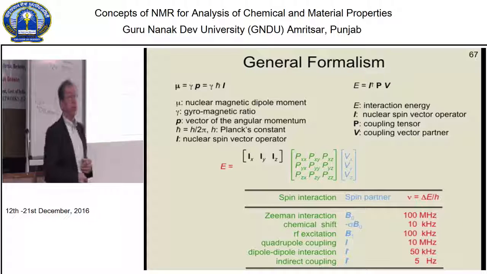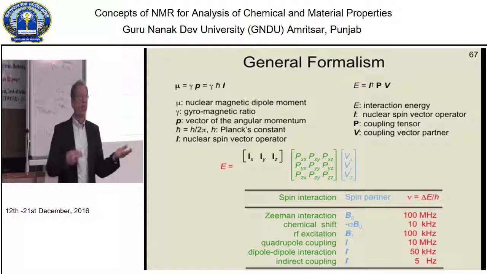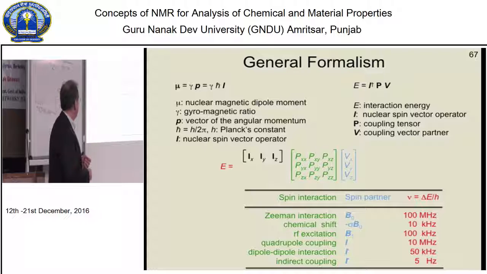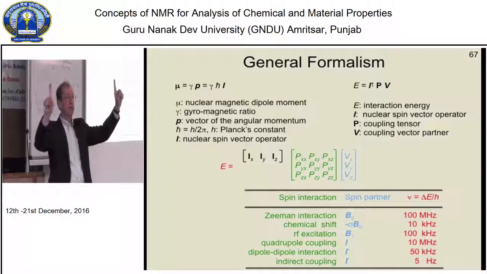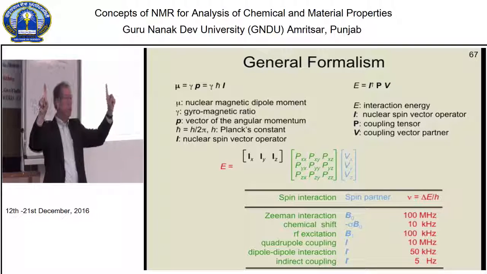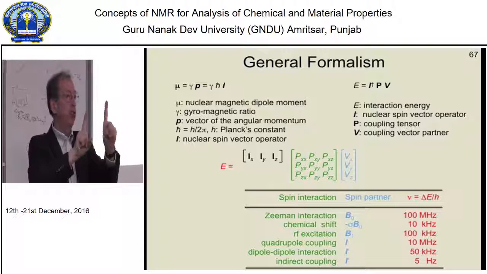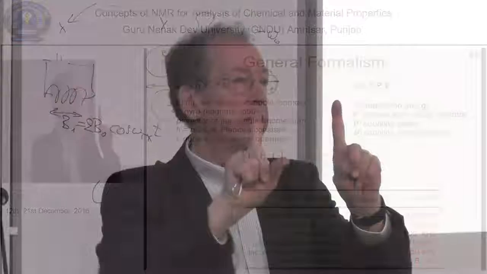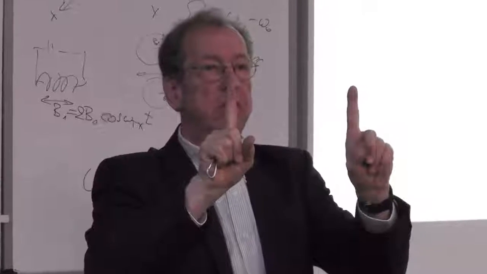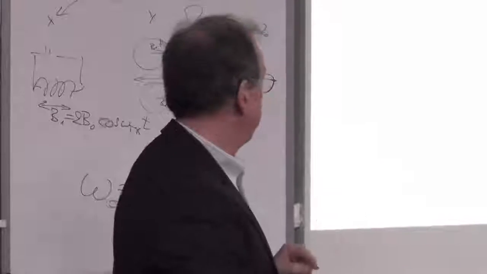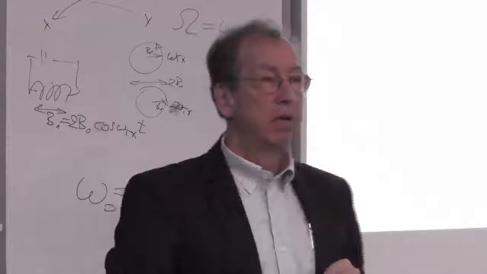We have a quadrupole interaction, which comes in for certain nuclei that have a spin quantum number larger than 1/2. And then we have the dipole-dipole interaction. We take two magnets through space. And you know when you put two magnets close to each other, you feel either attraction or repulsion, depending on what their orientation is. And the last type of interaction is the indirect coupling.